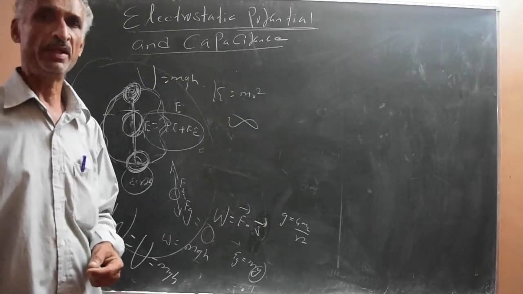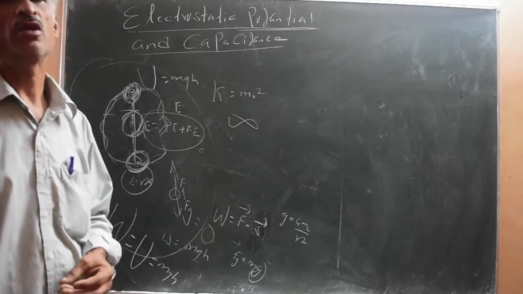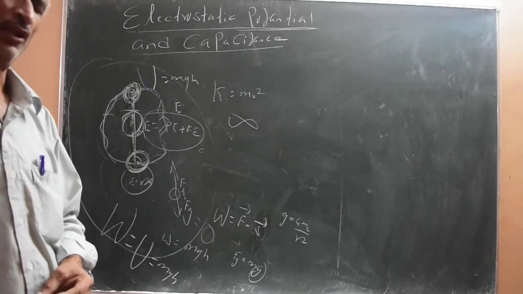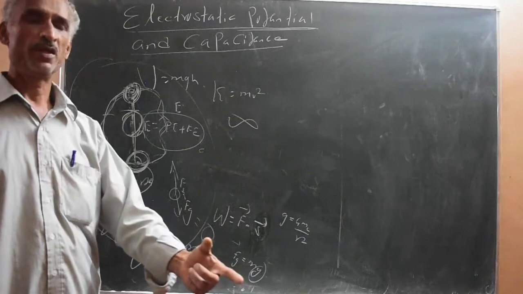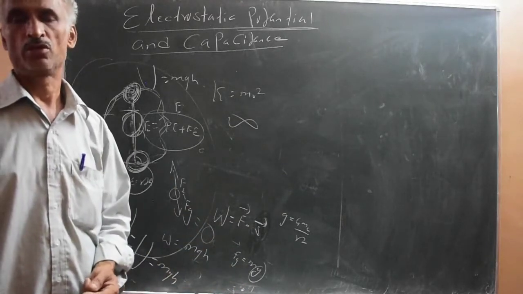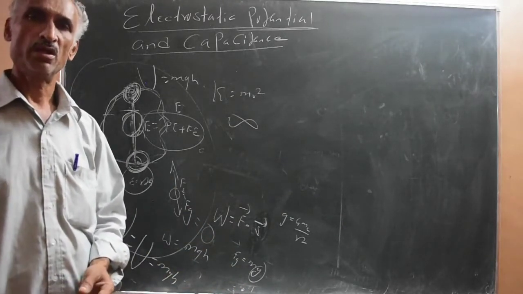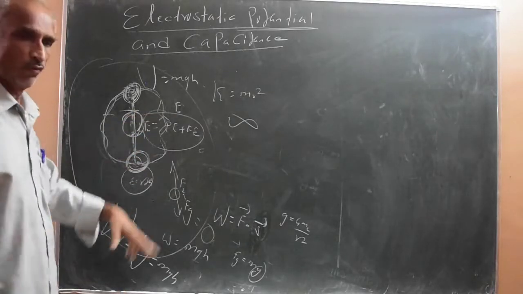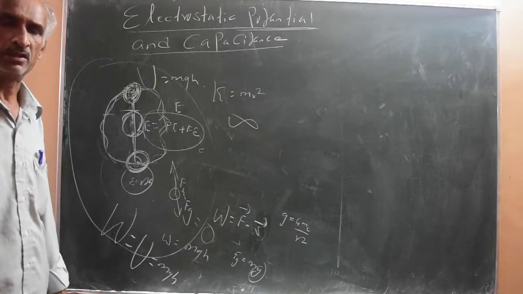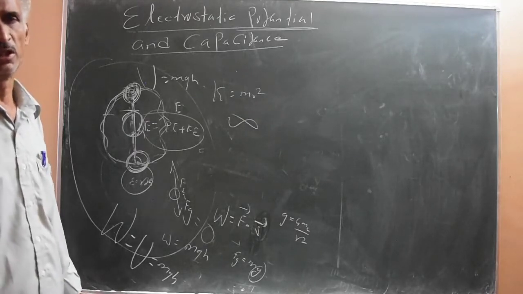Such path independent work done by an external force against some existing force means that force is called a conservative force. The gravitational force is a conservative force, because the work done against the gravitational force is path independent.